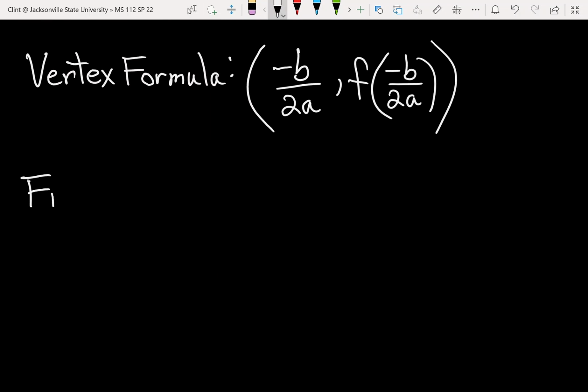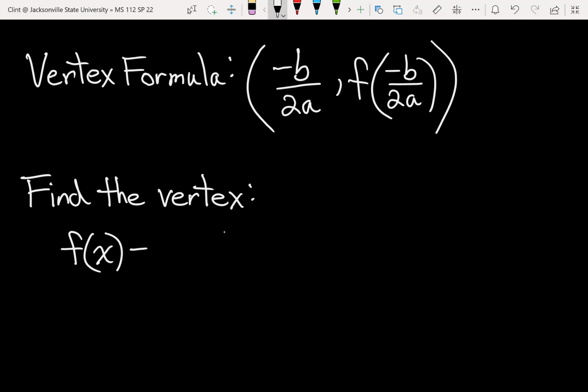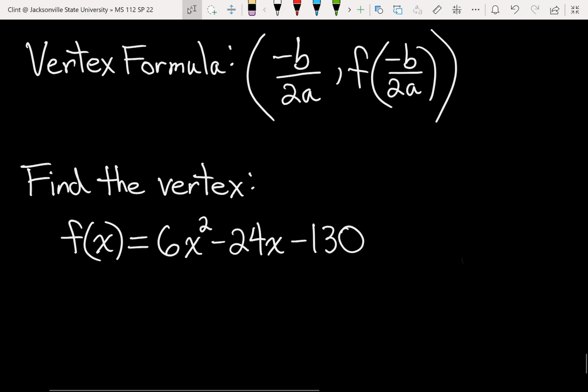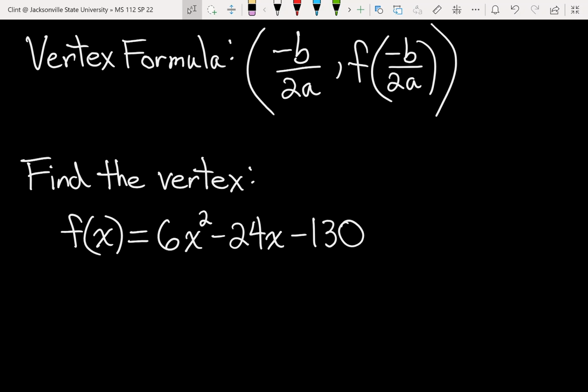So we want to find the vertex. The first thing we need to figure out is what this number negative b over 2a is.